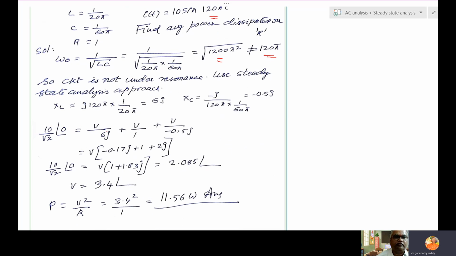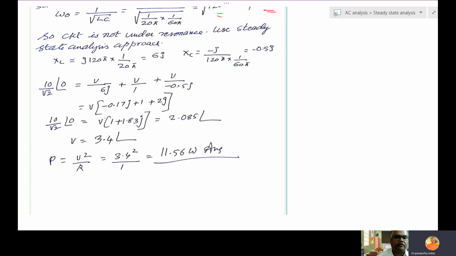So incoming current equals the sum of the currents leaving. Solve for V, then power is nothing but V square by R. Right, so this analysis you have to do carefully. Here we are finding V, use V square by R.